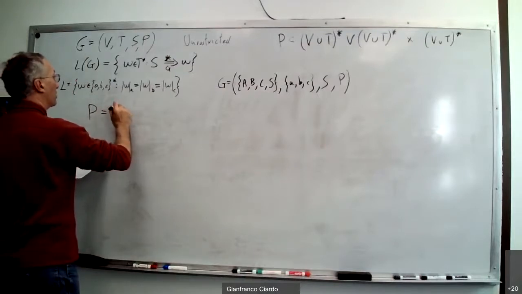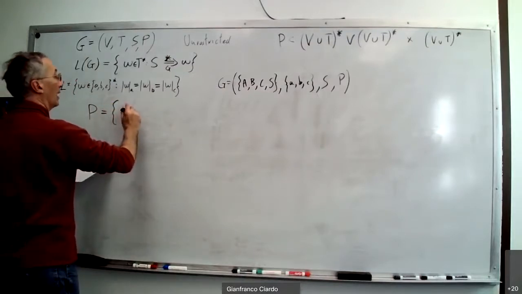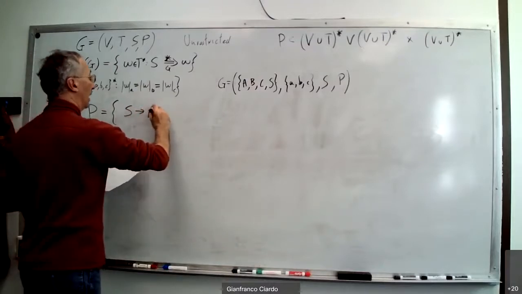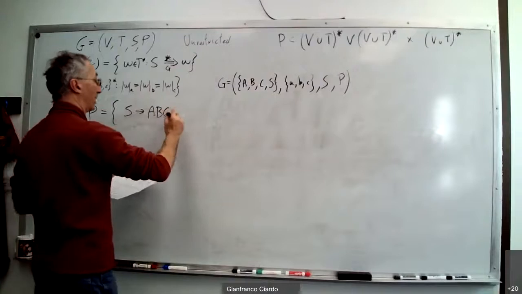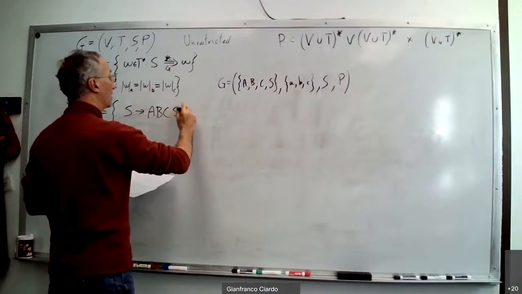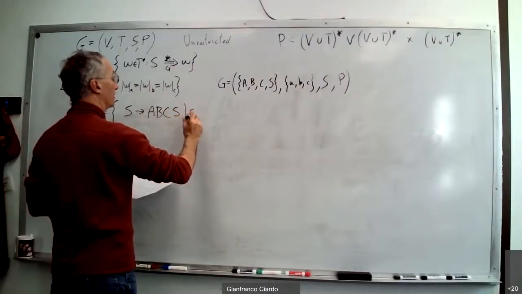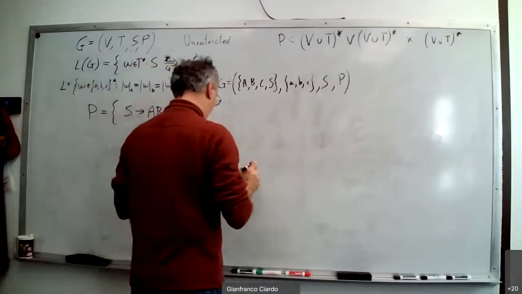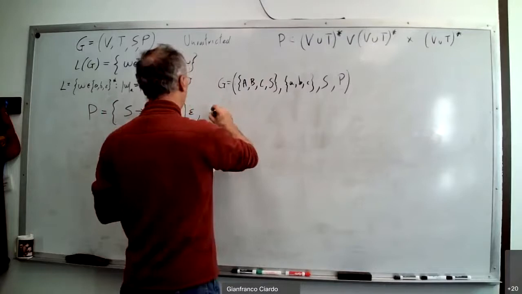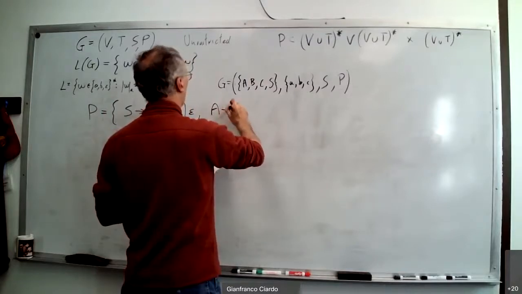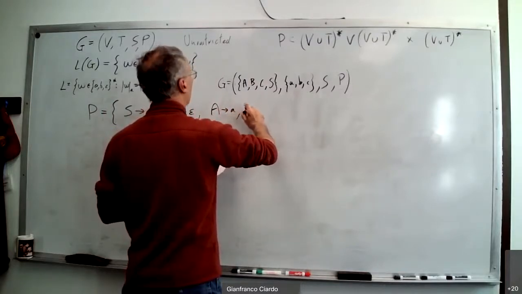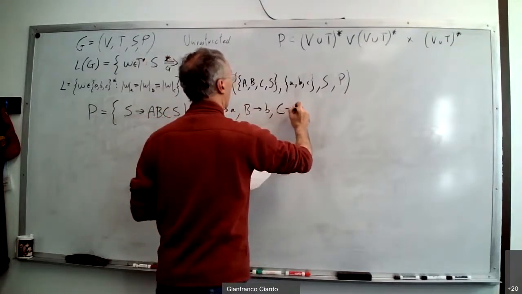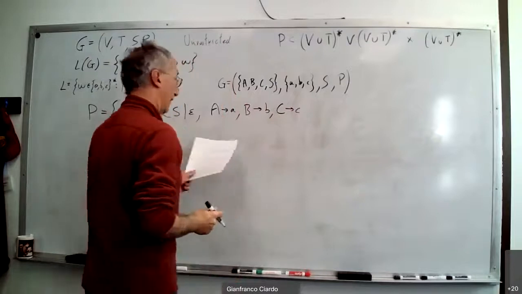S goes to ABCS or epsilon. So let's just start with this, and then A goes to little a, B goes to little b, C goes to little c. Okay, there is more.